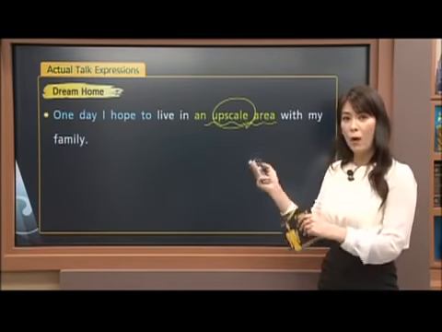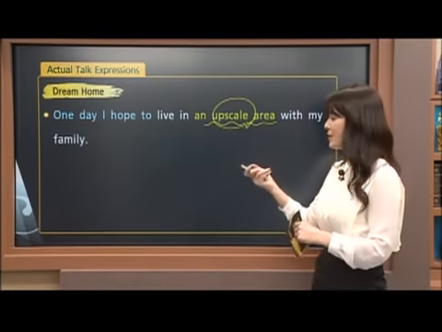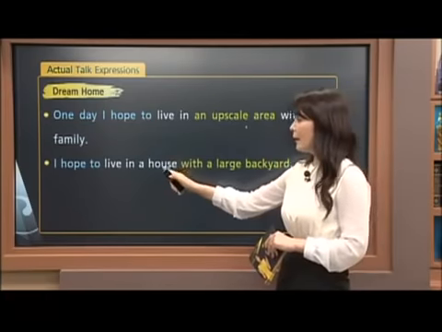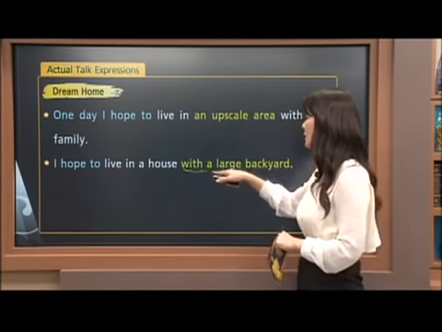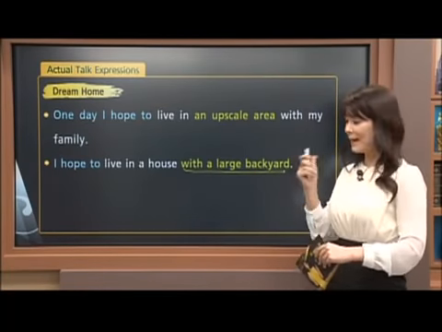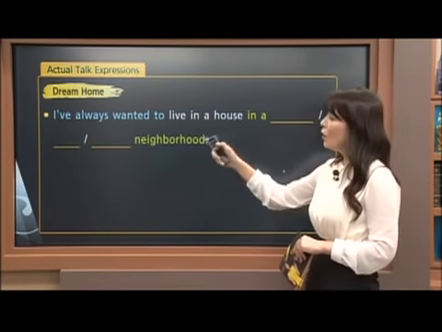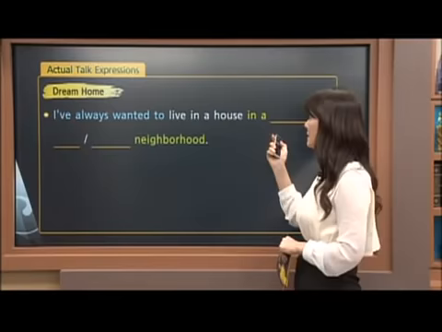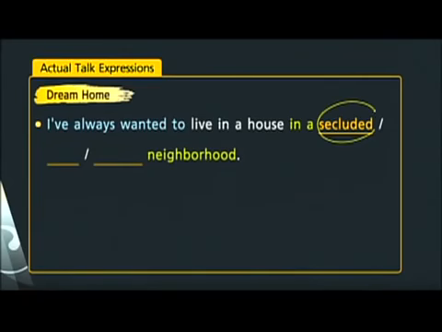You can talk about wanting to live in a certain neighborhood. Also, I hope to live in a house with a large backyard. As I mentioned, a large backyard. Or, I've always wanted to live in a house in what? A secluded, means isolated, that's very quiet, that's away from all the busyness, or quiet, or even friendly neighborhood.